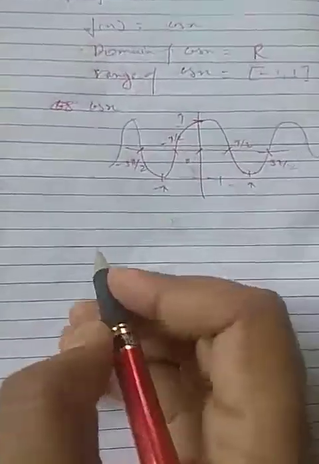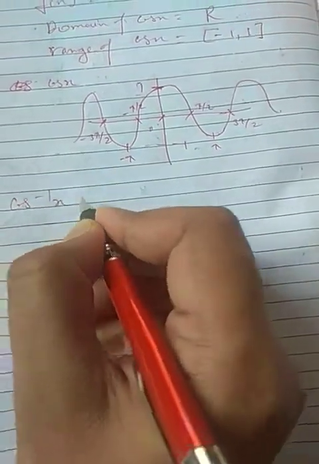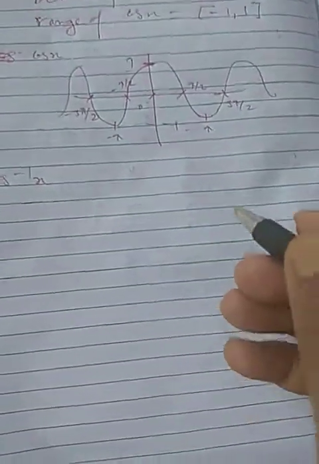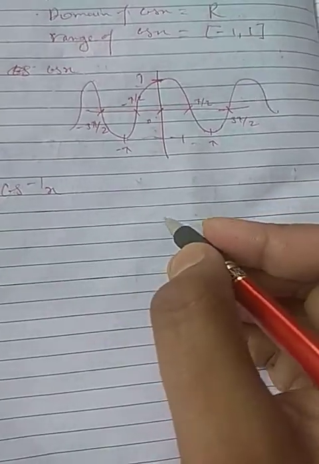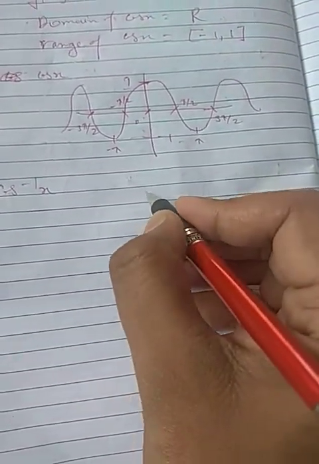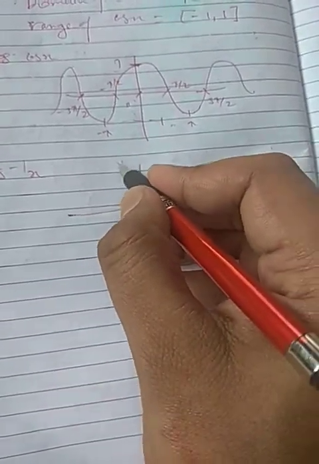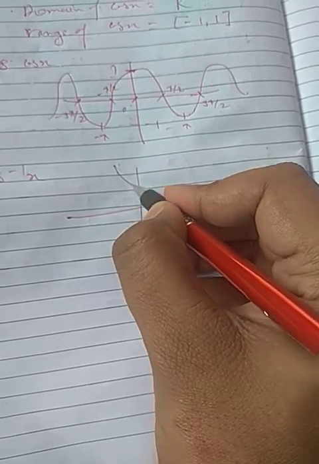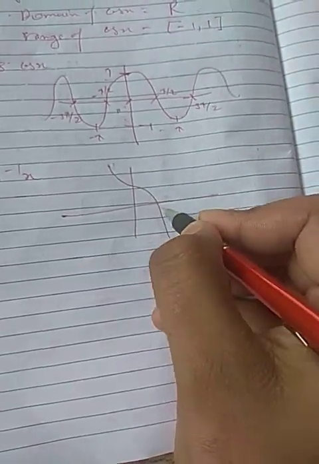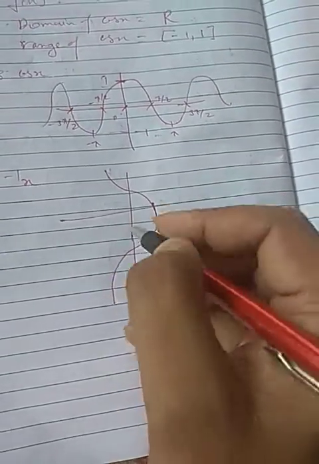In case of cos inverse x, I have already mentioned to you that the x-axis acts as the y-axis and the y-axis acts as the x-axis. The graph becomes just like this, it started from this and went like this.